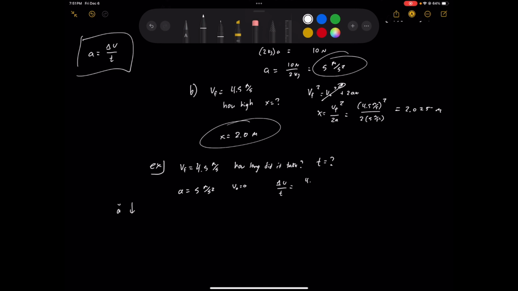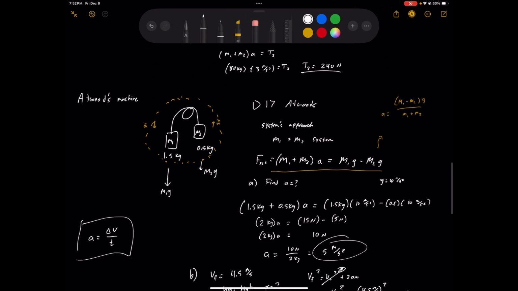So we have a delta v of 4.5 meters per second over 5 meters per second squared. And again, I got to use the calculator here. So 4.5 divided by 5, we get 0.9. So 0.9 seconds. And that would be an example where you just have to use the acceleration equation, right? Delta v over t.